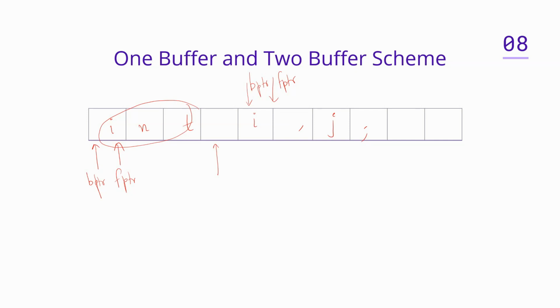There is one special character used to mark the end of the buffer, that is EOF. So a special value called EOF is stored in order to mark the end of the string. That is the difference between the one buffer technique and the two buffer technique.